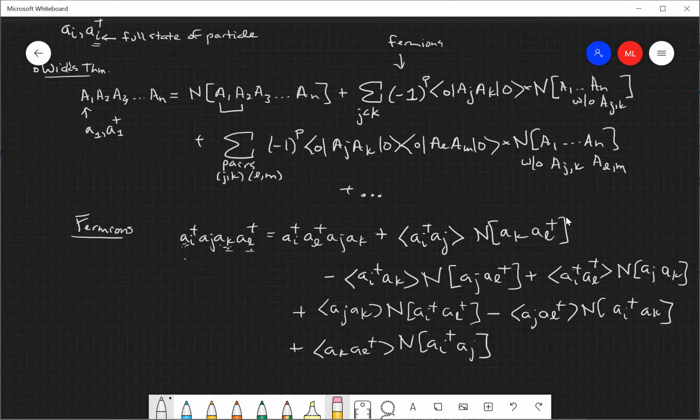So like one contraction is these two guys, another contraction is these two, and then the third one is where they pair off like that. So you have all those. The first one doesn't require any minus signs because all the operators are next to each other.